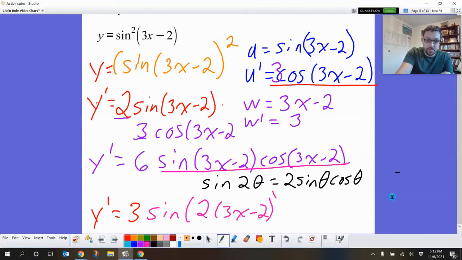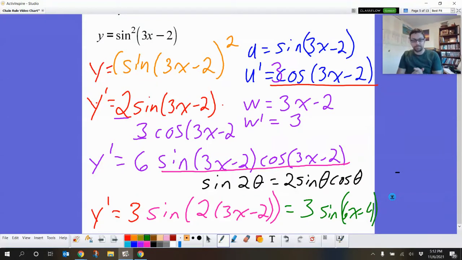There are going to be times where we need to do this identity stuff, so let's just practice a little bit right now. We get 3 sine of 6x minus 4, which is kind of neat because it's a little bit neater.